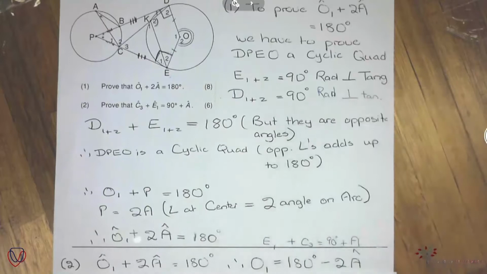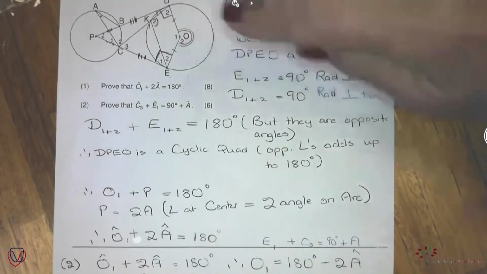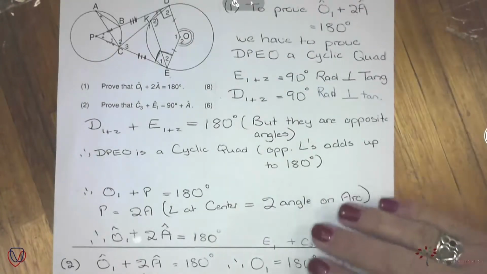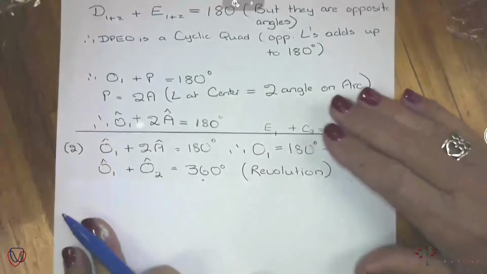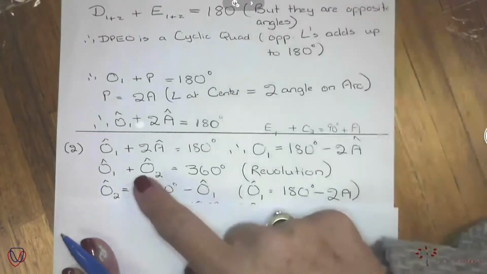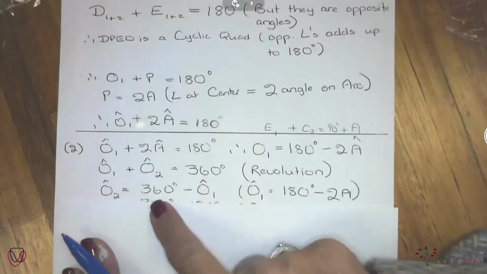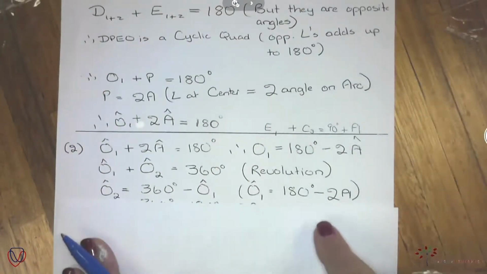Let's go on. We said O1 plus 2A is 180. So O1 is 180 degrees minus 2A. Then we'll say O1 plus O2 is 360. It's a revolution. Then O2 will be 360 minus O1. But O1 is 180 minus 2A.